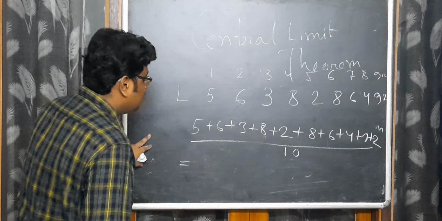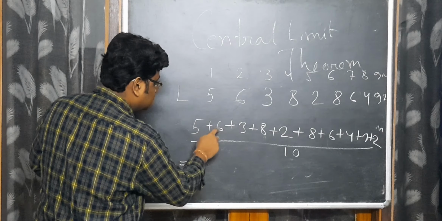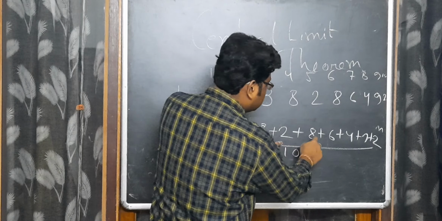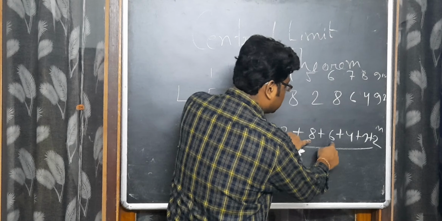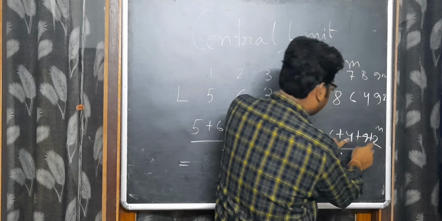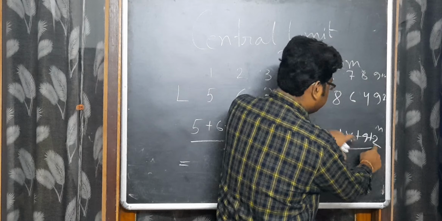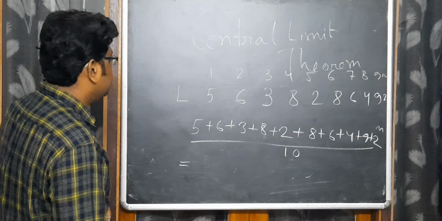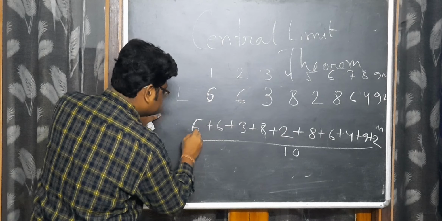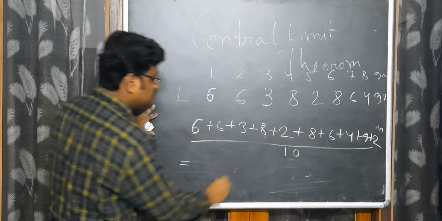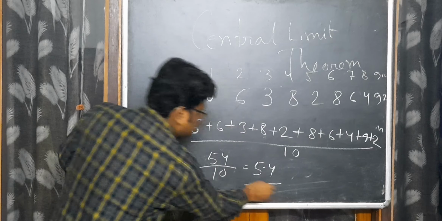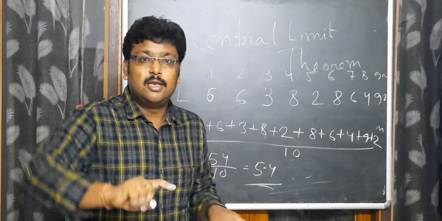The sum is 54, so 54 by 10 equals 5.4. This is the true mean length.